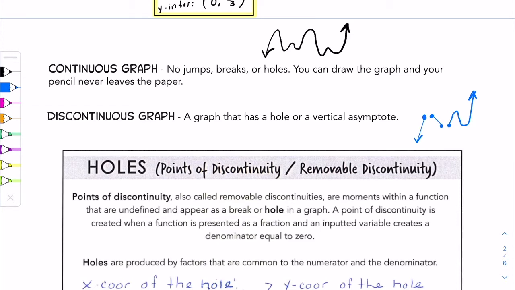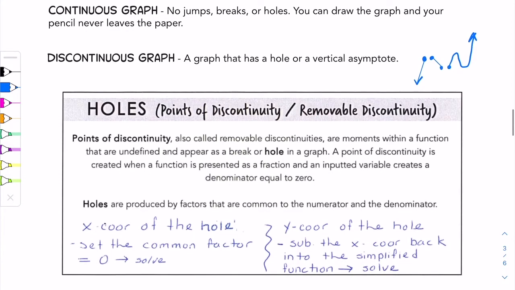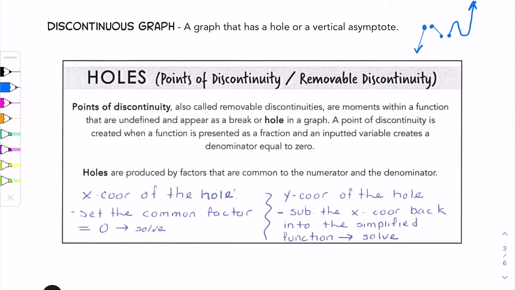But moving forward, when we graph rational functions, we have horizontal, vertical, or oblique asymptotes, which will also create a jump or a break in the graph. Looking at holes to start with, all of these kind of run together.